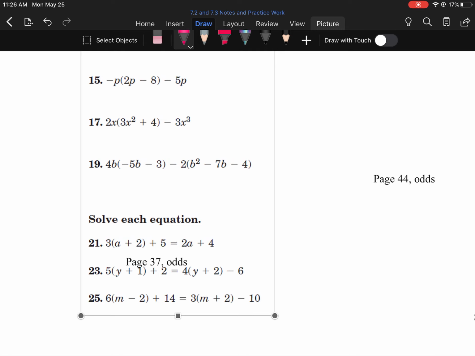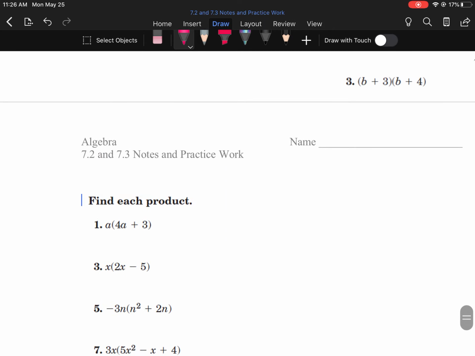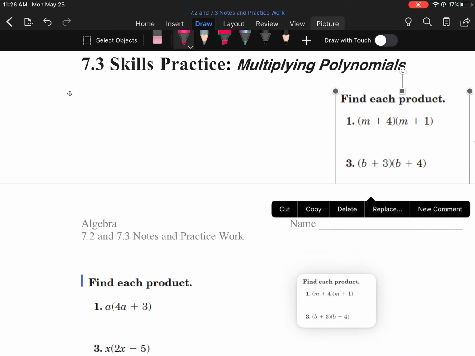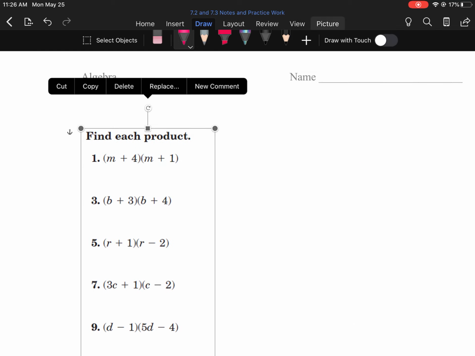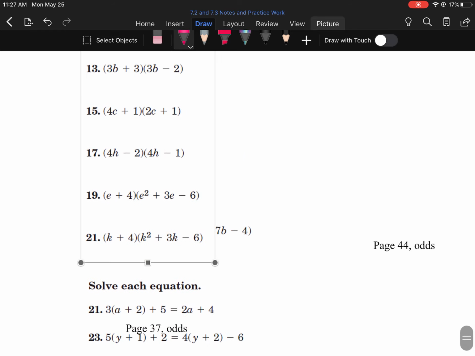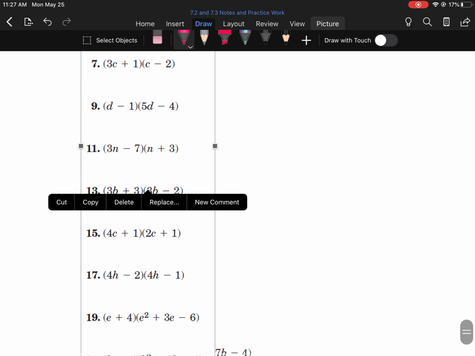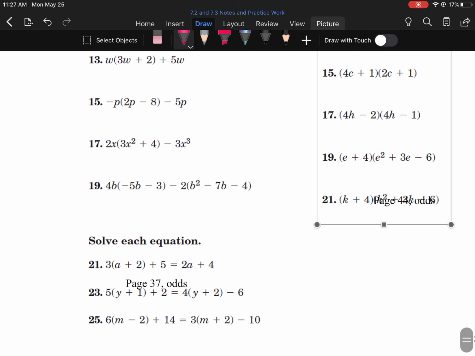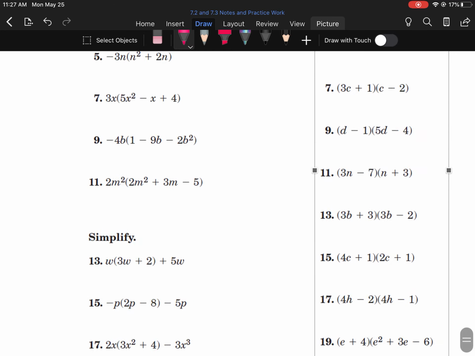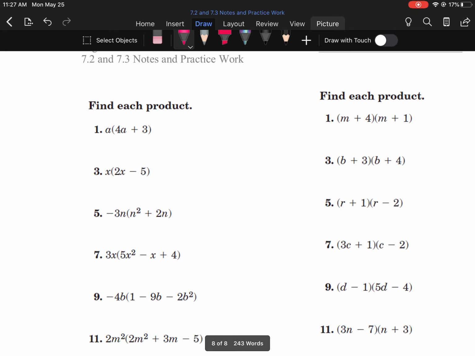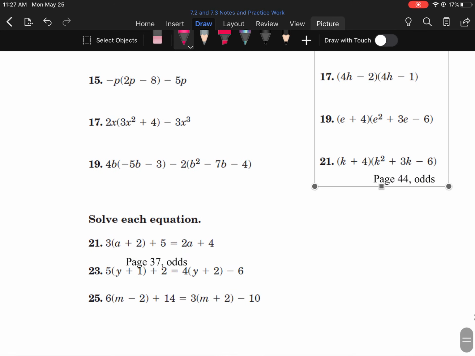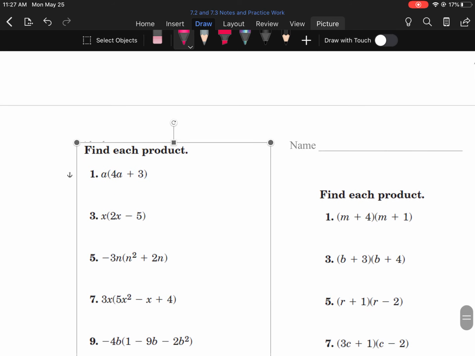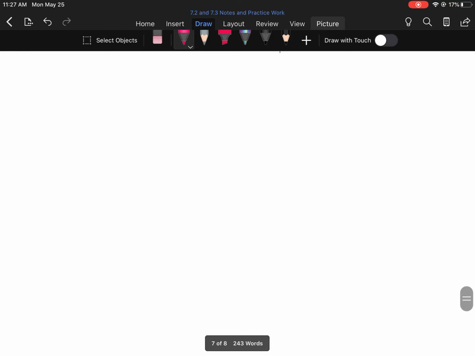That's page 37, odds. And if I move this one down, they should go separately, there we go, that is page 44, odds. Okay, so page 37 and page 44, odds. Now they fit on nicely, so you might have to do that as well.